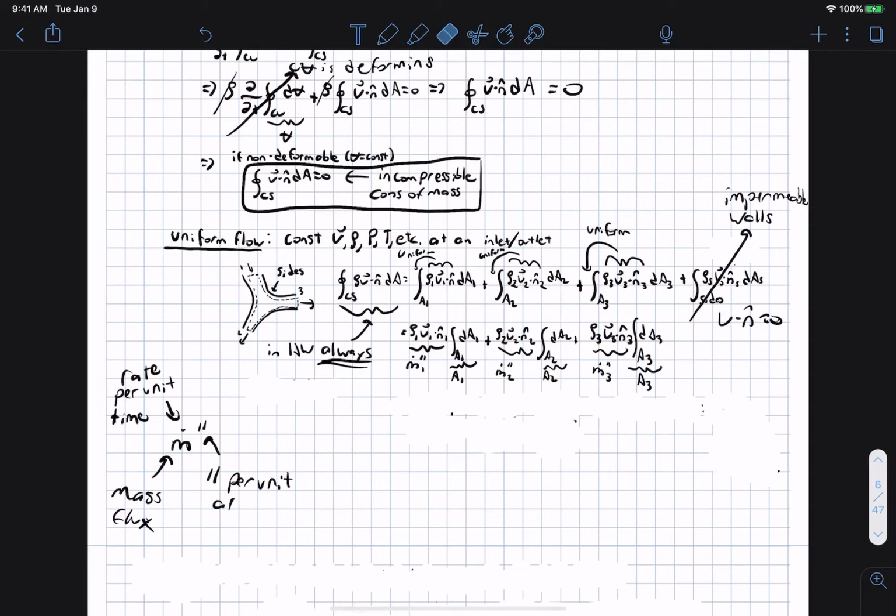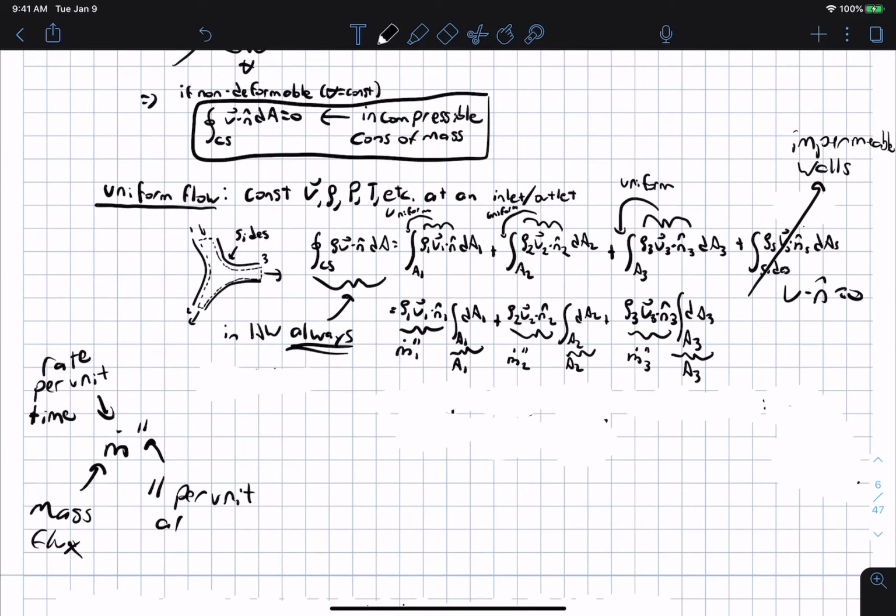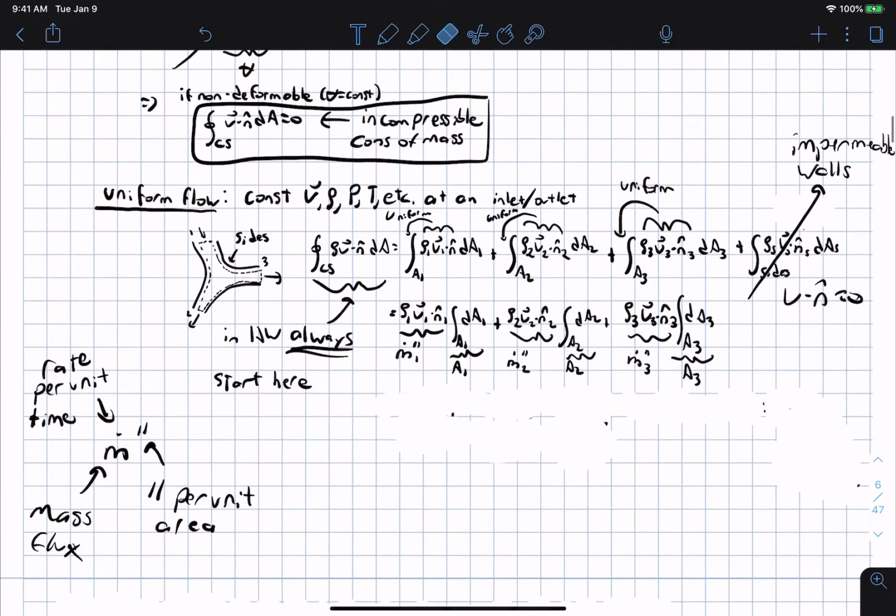In your heat transfer class, which you will be taking sooner or later, you will be dealing with fluxes quite a bit. In other words, this rho V dot n hat is just a mass flux. The integral of dA, with nothing multiplying dA, is simply the area. So we have just mass flux times an area.